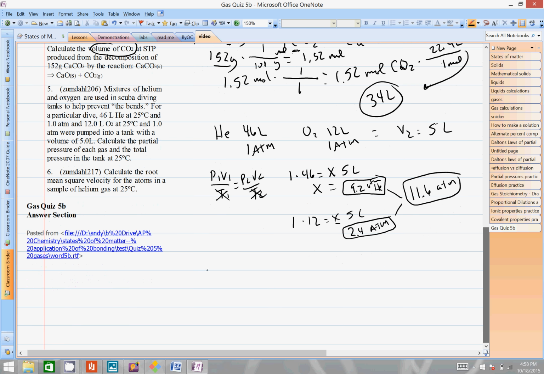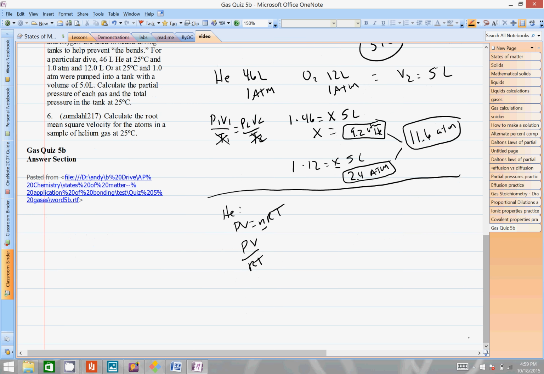Alternate way, using Pivnert. Maybe seems like a little bit more work, but I would take helium and I'd use PV equals nRT, and solve for n, getting the total number of moles there. So in this case, PV over RT equals n. Okay, so we have pressure 1, we have the volume is 46, R is 0.0821, and temperature is constant but 298.